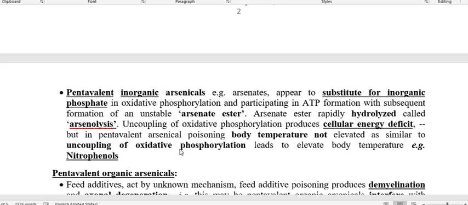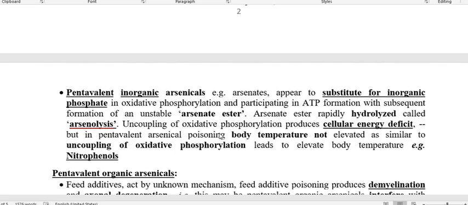But in place of inorganic phosphate, pentavalent inorganic arsenic gets attached and forms an unstable arsenate ester, and therefore it will reduce ATP synthesis, or it will uncouple oxidative phosphorylation.